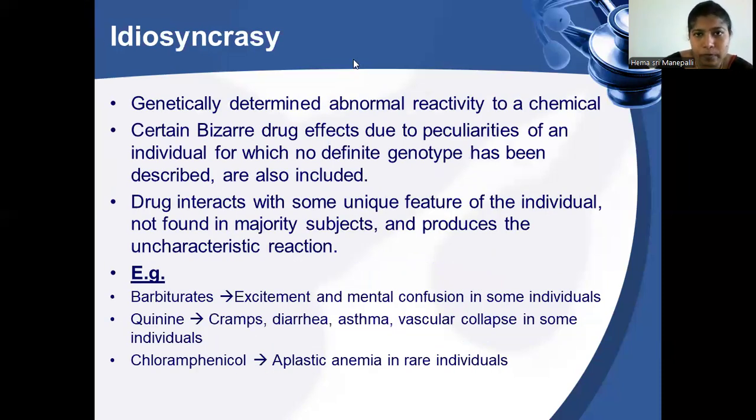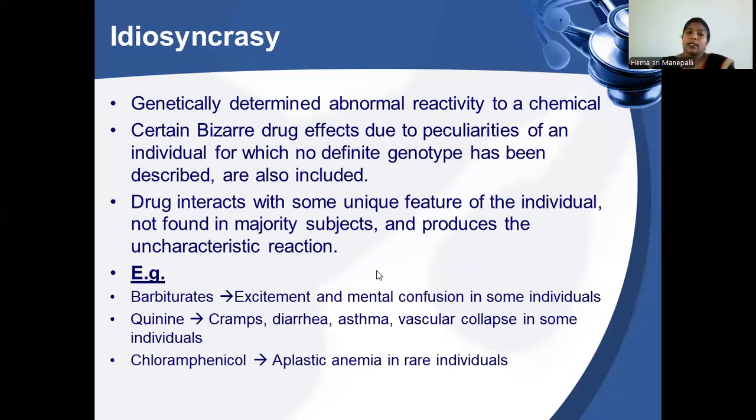Idiosyncrasy. This is genetically determined abnormal reactivity to a chemical. Certain bizarre drug effects due to peculiarities of an individual, for which no definitive genotype has been described, are also included in idiosyncratic effects. These are drug interactions with some unique features of individuals not found in the majority of subjects, producing uncharacteristic reactions.